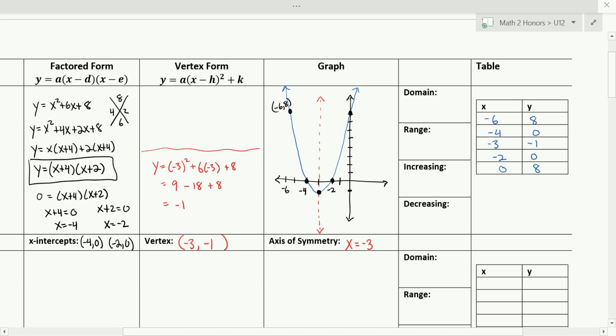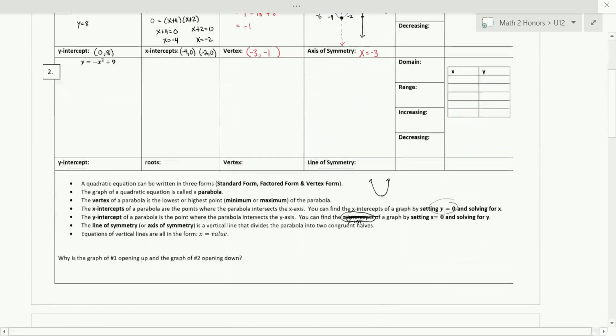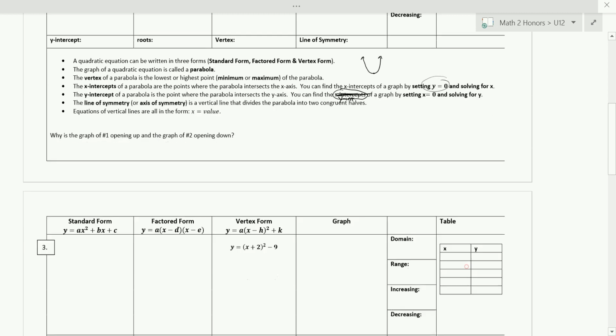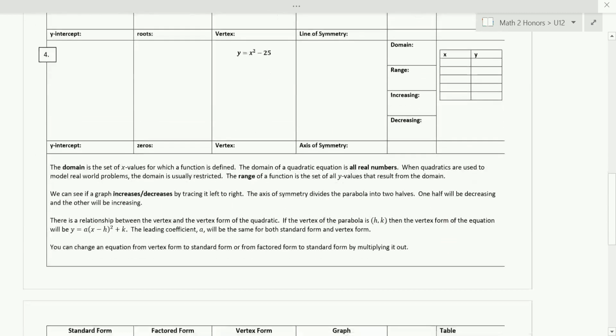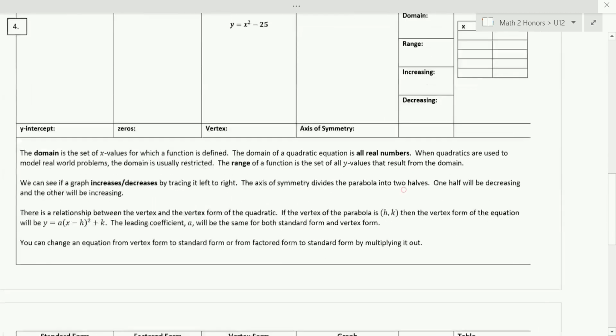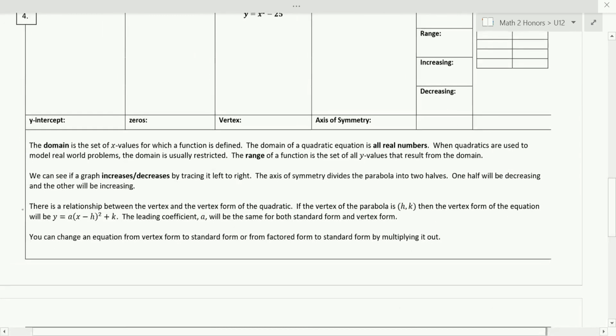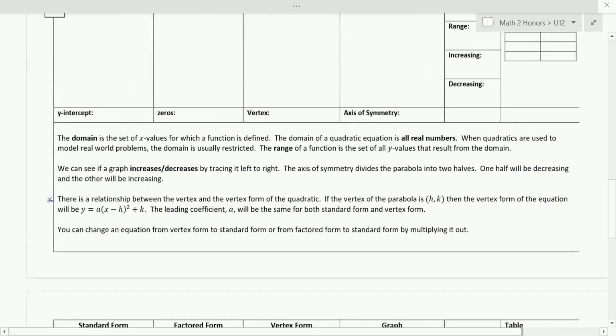For our vertex, I think I wrote it for you. Let's see here. We go to the notes on the second page, right here, on the third point that I'm making. There's a relationship between the vertex and the vertex form.